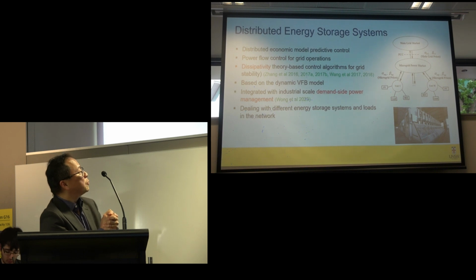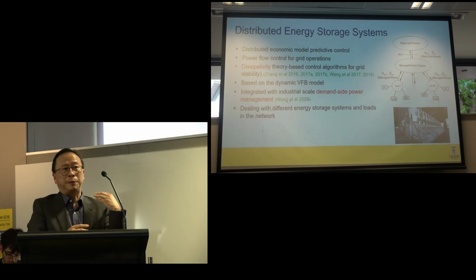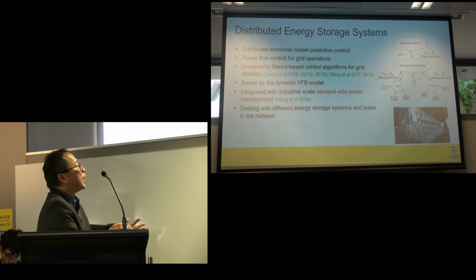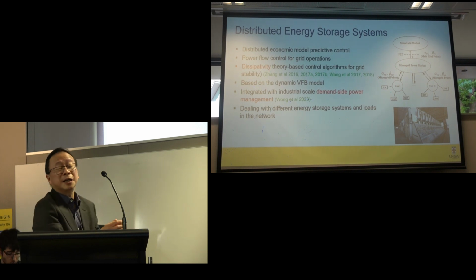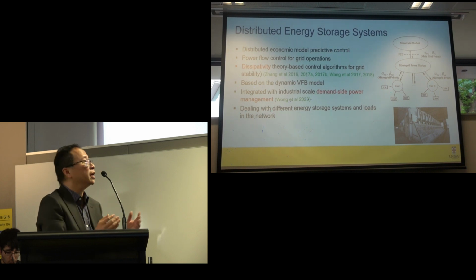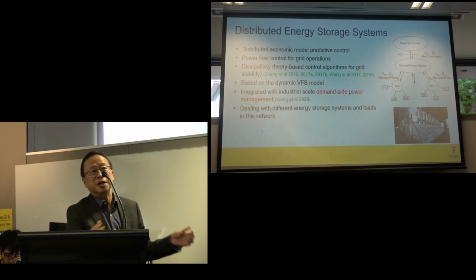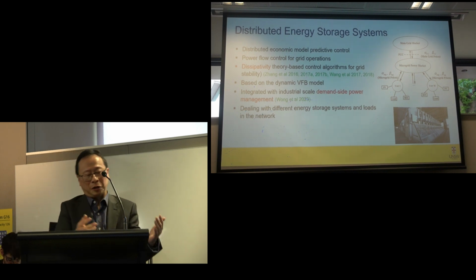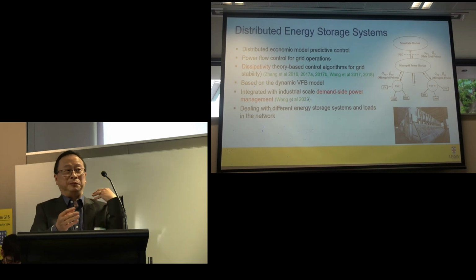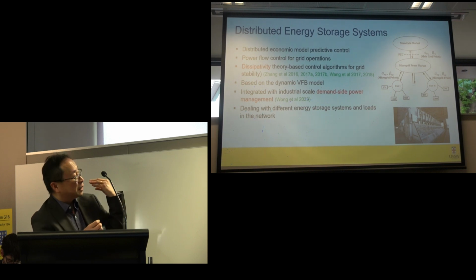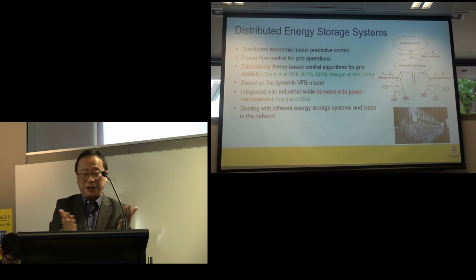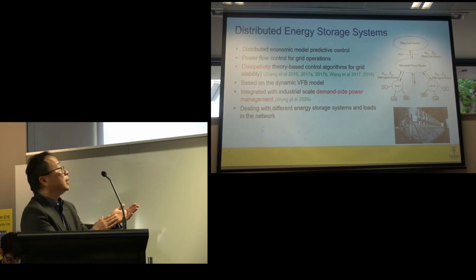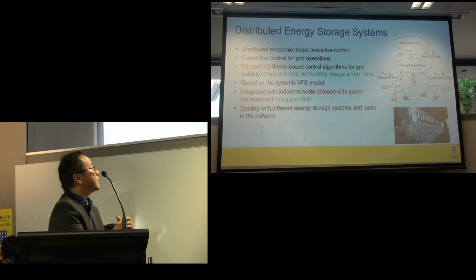We have also been working on integration of the battery systems with industrial-scale demand side power management. One of the applications is aluminum smelters, because they use a huge amount of electricity. So it's not really possible to provide the energy for the smelters just using battery systems.